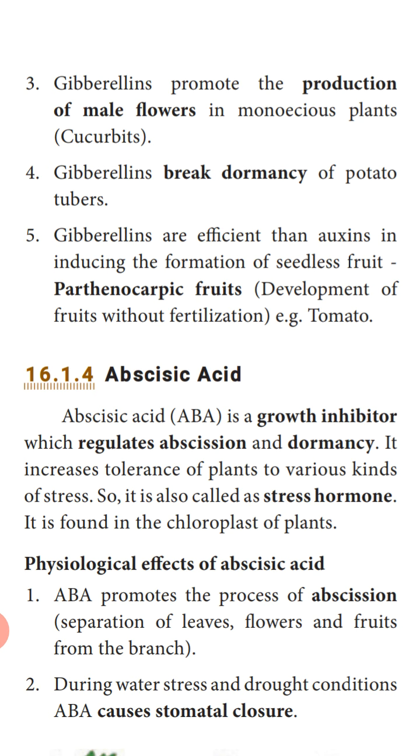Now what are these monoecious plants? Monoecious plants are the plants in which the male flower and the female flower grow separately, but in the same plant. If these plants are treated with gibberellins, there is more production of male flowers in the plant.